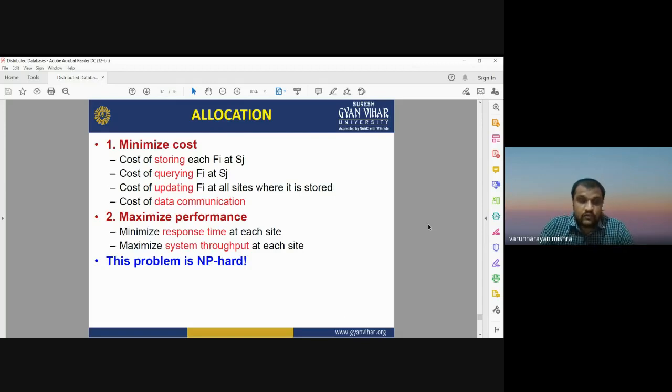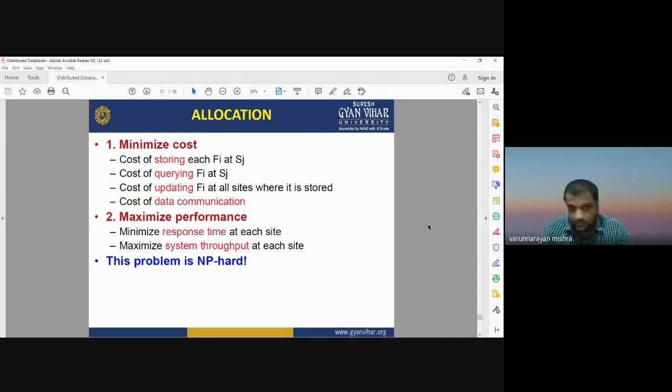Before performing the fragmentation or designing the architecture of the distributed database management system, we need to first allocate the data, deciding which data we are going to distribute or fragment.